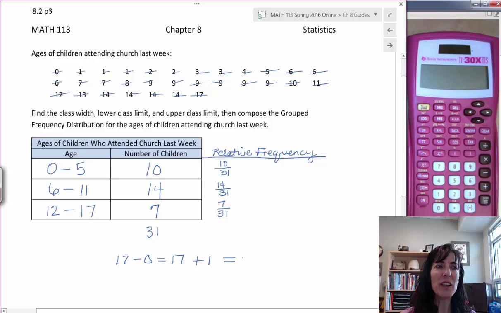It's a long story, but I need to add 1 back in because there are actually 18 years between 0 and 17, because we count the 0 year as a year. So I have 18, and then I wanted to use 3 rows. So I have 18 years of ages, and I divided that by 3 because I wanted 3 rows. And I got 6 years per row.